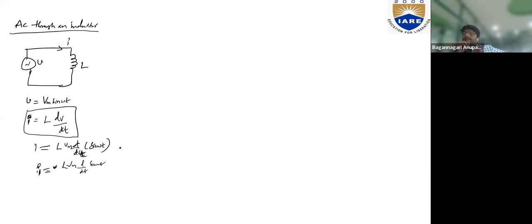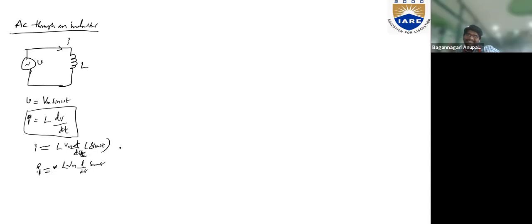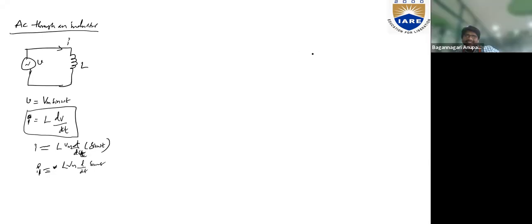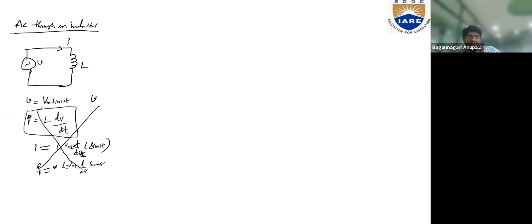So what is the equation you are going to get? Is it V is equal to L dI by dt or I is equal to L dV by dt? One minute, I'm checking and I'll tell you. Okay, V is equal to L dI by dt.